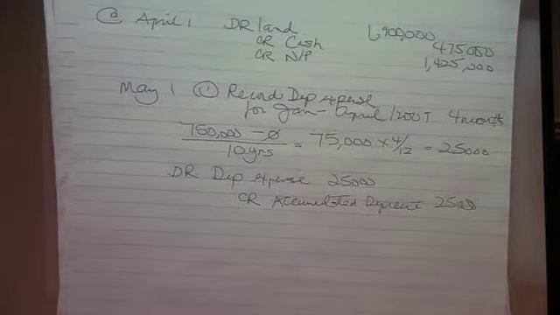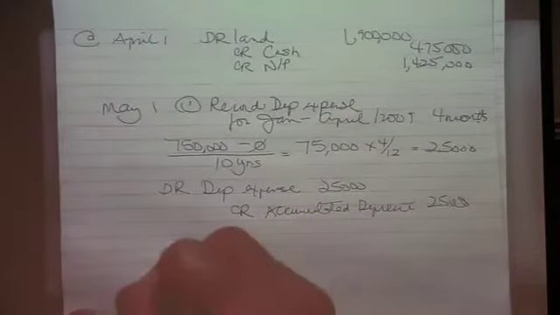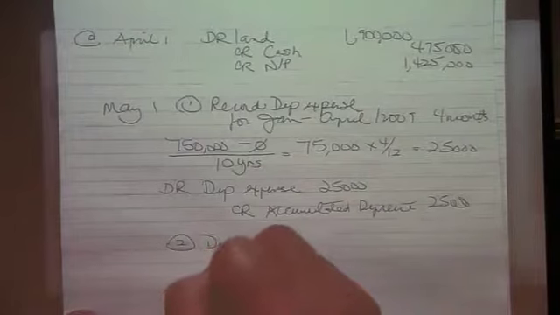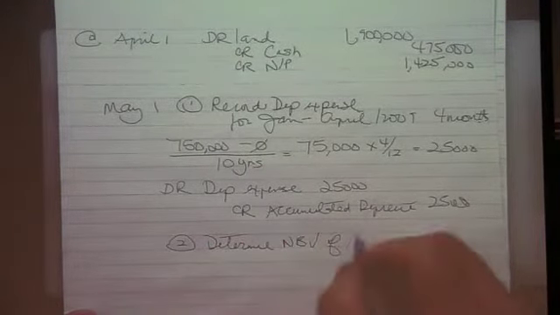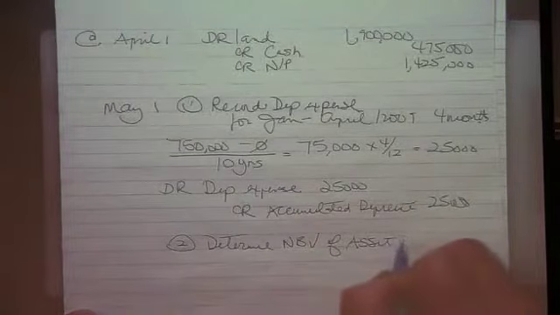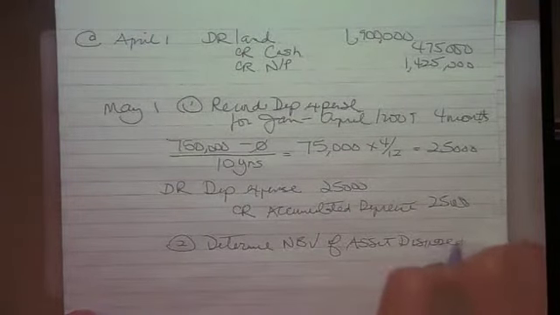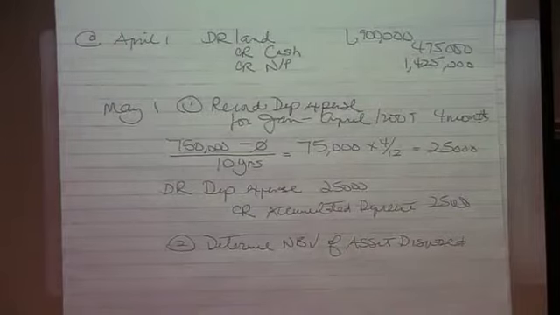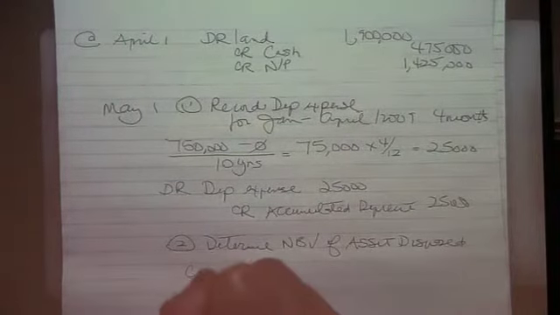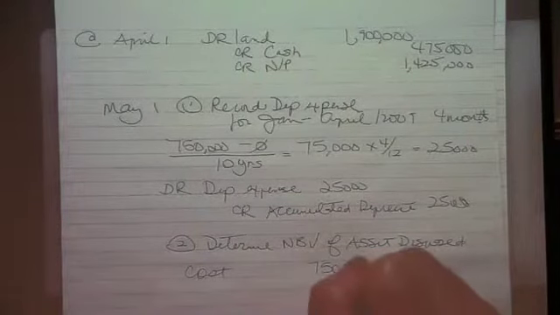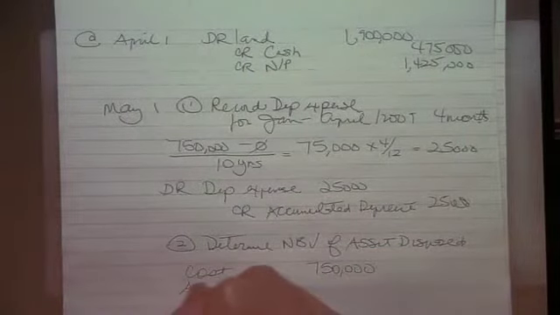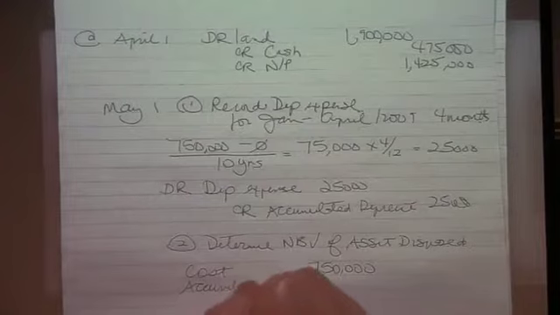Now, we need to determine the net book value of the asset disposed as a second step. How do we do that? Well, first of all, we have a cost, right? And that was $750,000. What is the accumulated depreciation?